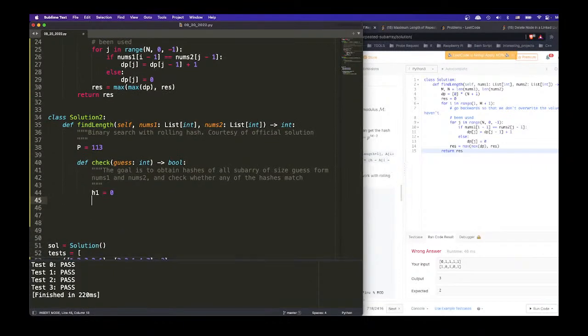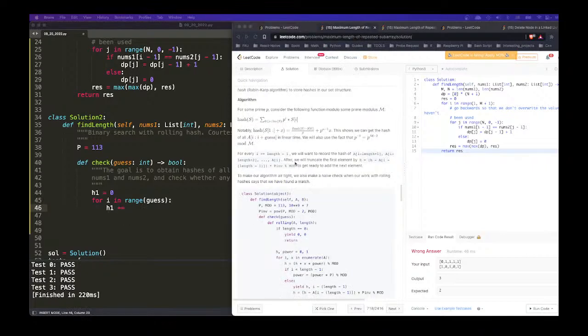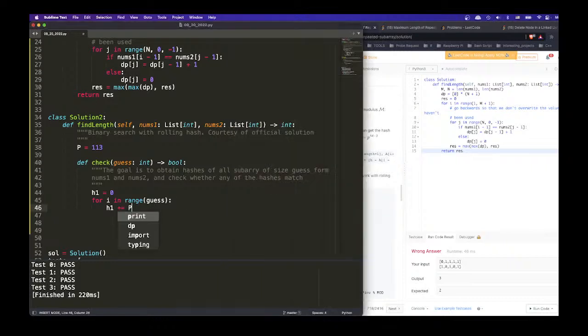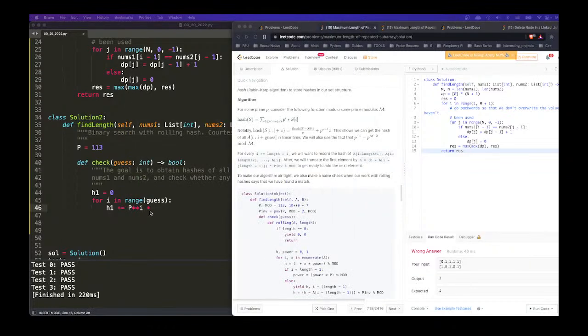Yeah, I think I'll just compute. Yeah, so we say for i in range guess, h1 plus equal to p to the i times the value. I can just extend it.